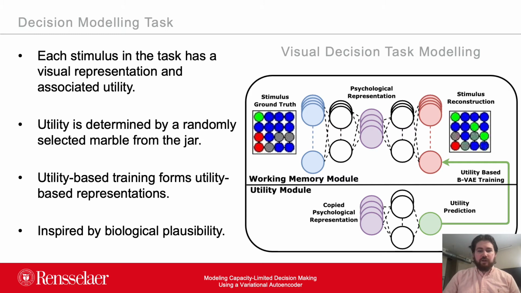Additionally, the internal representations are task-specific due to the utility-based training method, and this aspect of our model is inspired by biological plausibility in that it is informationally constrained, and representations are domain-specific. The information constraint and utility weight can be altered to impact the behavior that is predicted by the model.